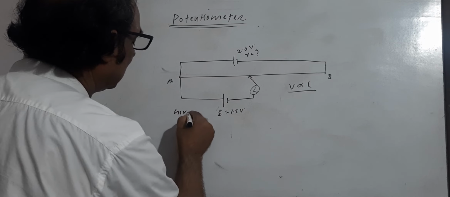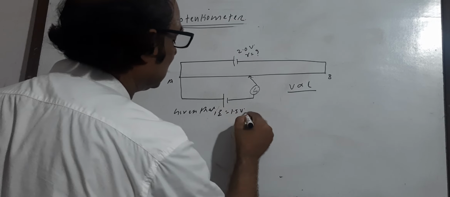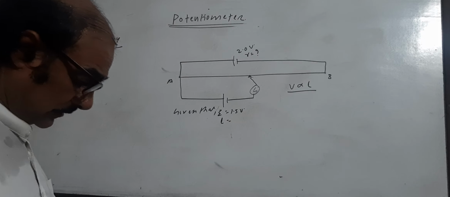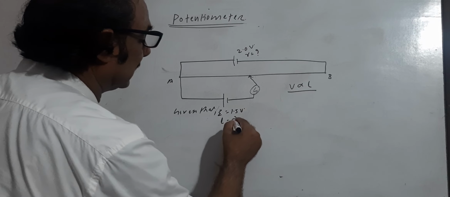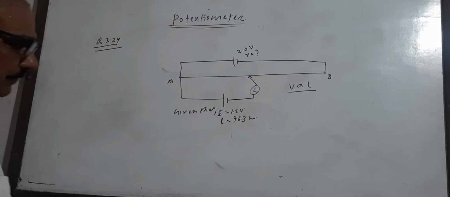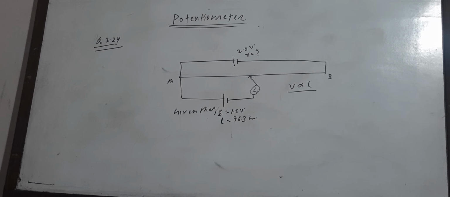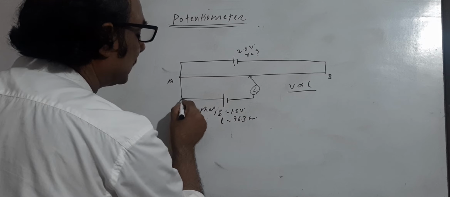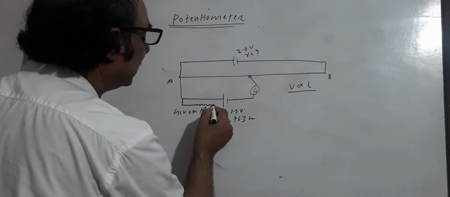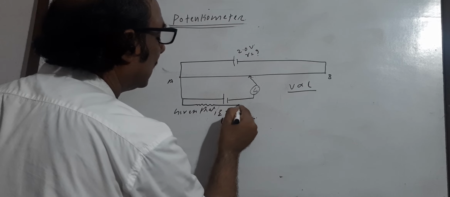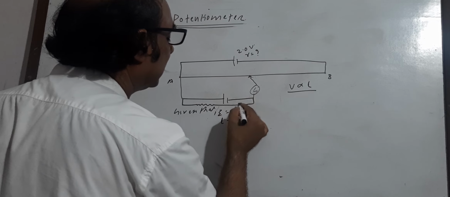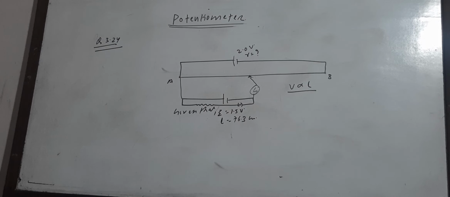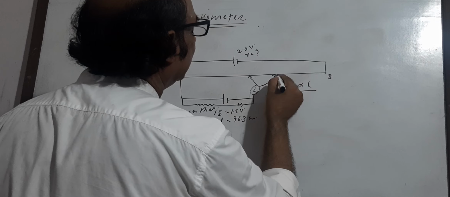Now when a resistor 9.5 ohm is used in the external circuit of the cell, consider the resistor R here, and then connected, and when it is closed like that, another balancing length is obtained at the point here.